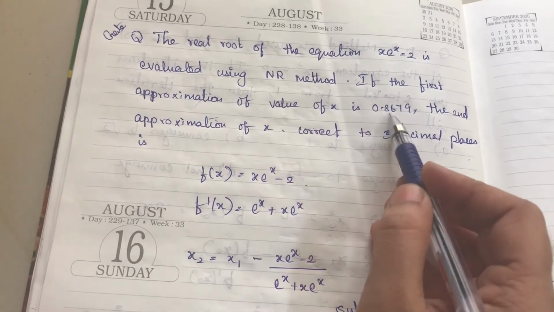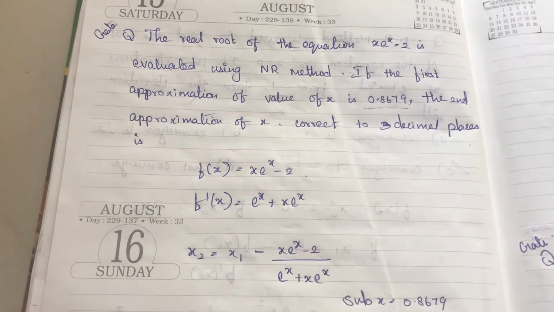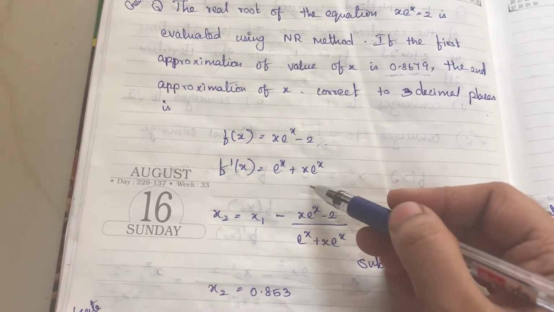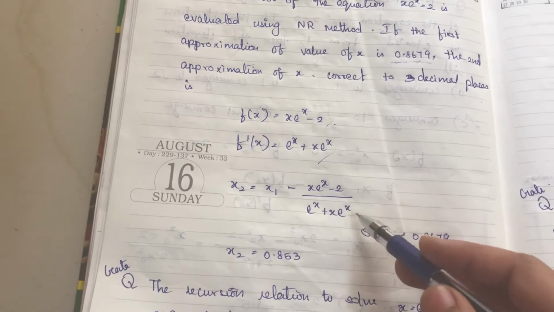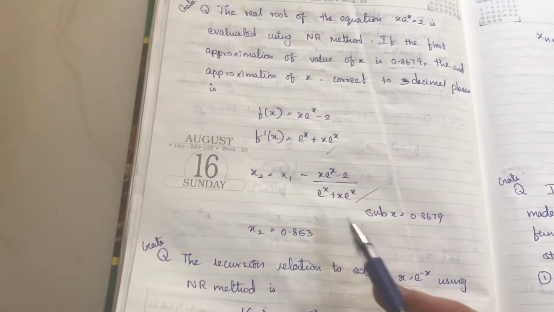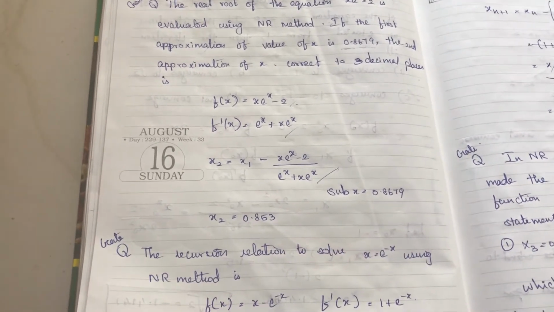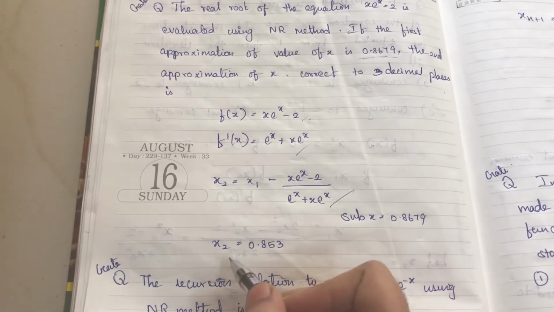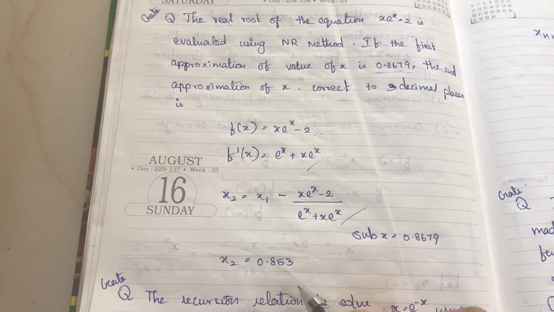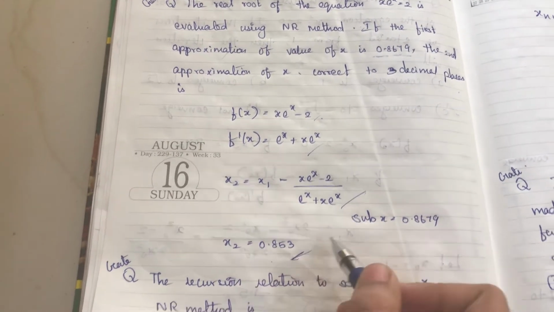They have given the x values. We have written the functions here, and we need to find the first derivative. After that, substitute the values, and we know the value is this one, right? So I'm substituting the value, and you will get the x2 value like this. So this is the answer.